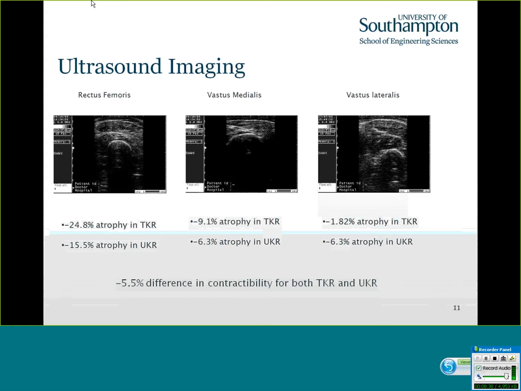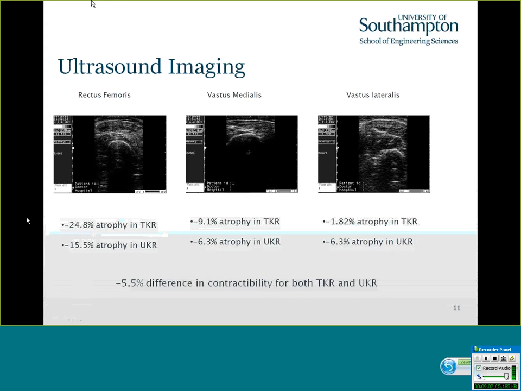And ultrasound imaging, which is basically the use of high-frequency ultrasound waves, gives us the opportunity to measure those muscles both on the affected side and on the unaffected side. And we can see from muscles such as rectus femoris and the quadriceps that before patients go under for a TKR, total knee arthroplasty, they have around 25% muscle atrophy.